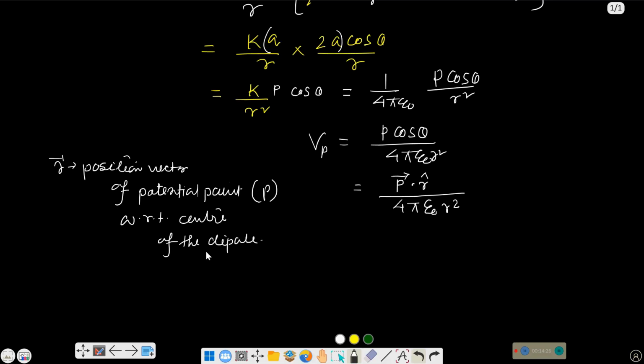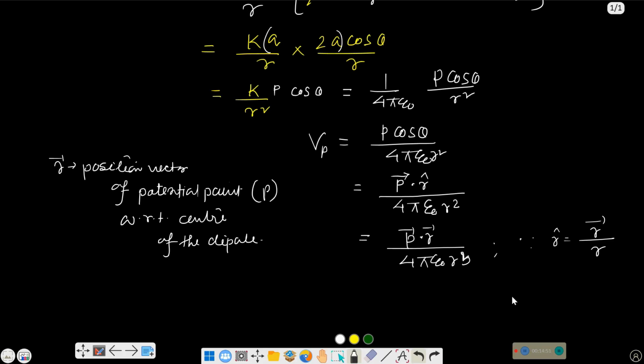And the unit vector in this direction is r cap. We can also write this as p dot r vector divided by 4 pi epsilon naught r square. Now p dot r will include r cube, since r cap is written as r vector by its magnitude.